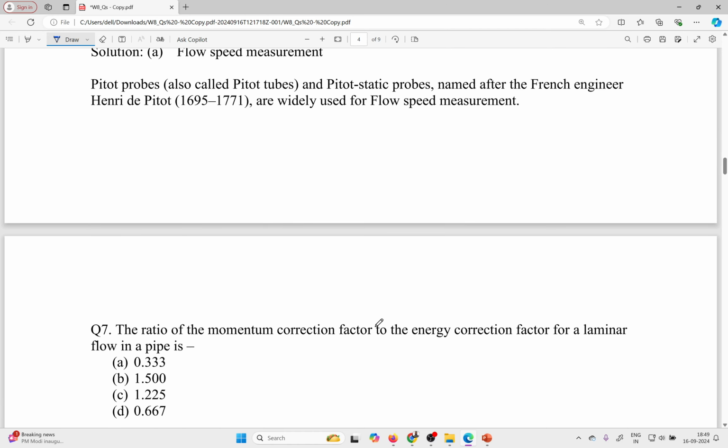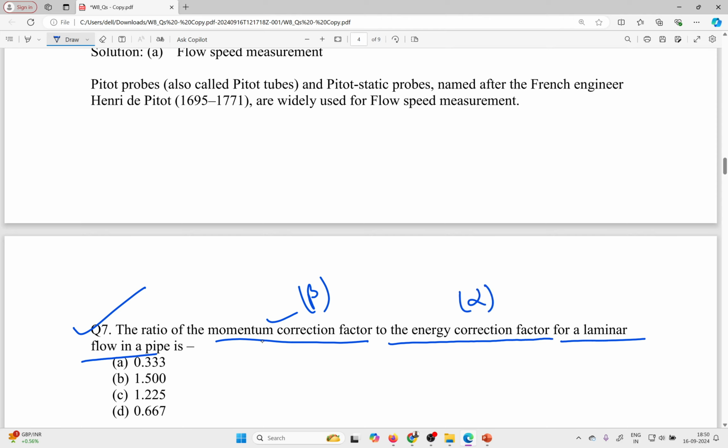Okay, so now question number 7. The ratio of momentum correction factor to the energy correction factor for laminar flow in pipe. Remember, please, for laminar flow.